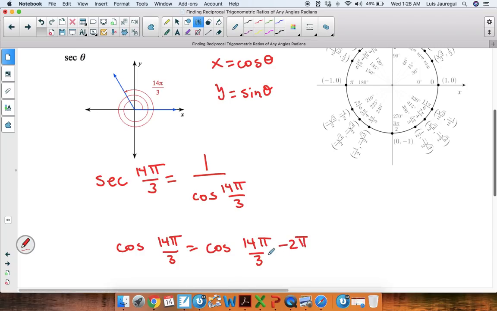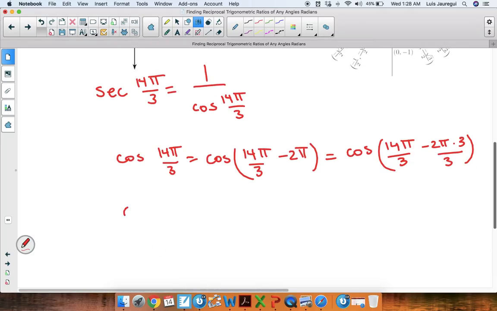Now, we are going to look for the common denominator, so this is the same as cosine of 14 pi over 3 minus 2 pi times 3 over 3. So this will be the same as cosine of 14 pi over 3 minus 6 pi over 3.